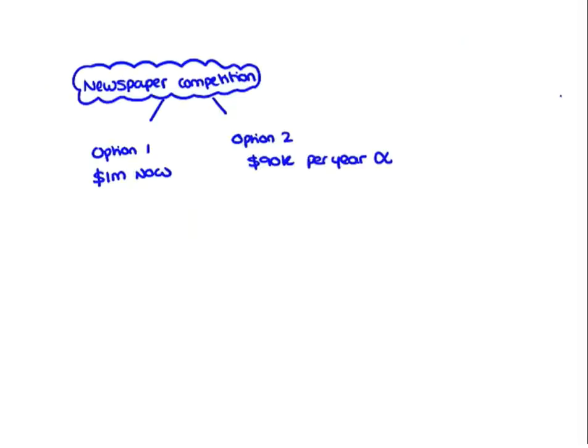Let's imagine then that you've been very lucky and won a competition in the newspaper, and the prize has 2 options. You can either have $1 million now, or you can have $90,000 per year into perpetuity, so forever and ever. When you die, your children get it, and after them, their children. And you have to choose which option you want.